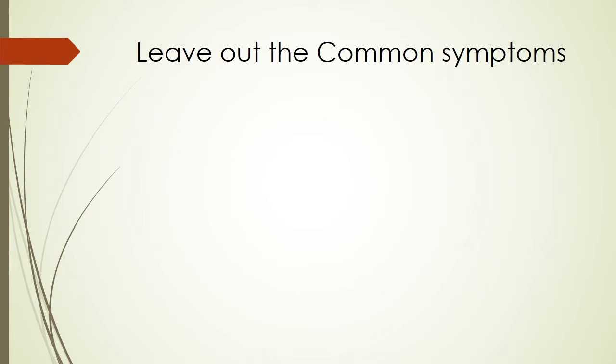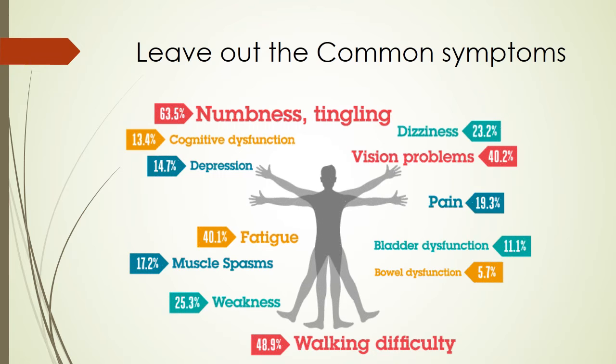So as we said, let's leave out the common symptoms. If we leave out the common symptoms from all the 17, I think 11 of them, then what you are left with are these: swallowing difficulty, not mentioned on this graphic as a common complaint. Constipation: as I mentioned earlier, you have a bowel dysfunction and a bladder dysfunction, but that describes incontinence, not constipation.